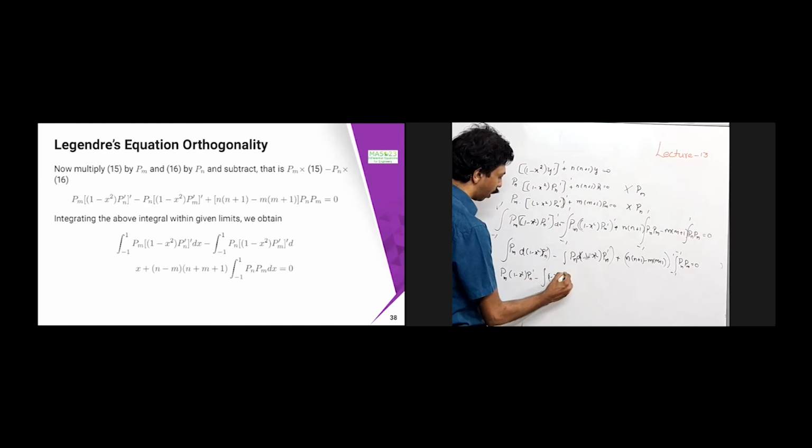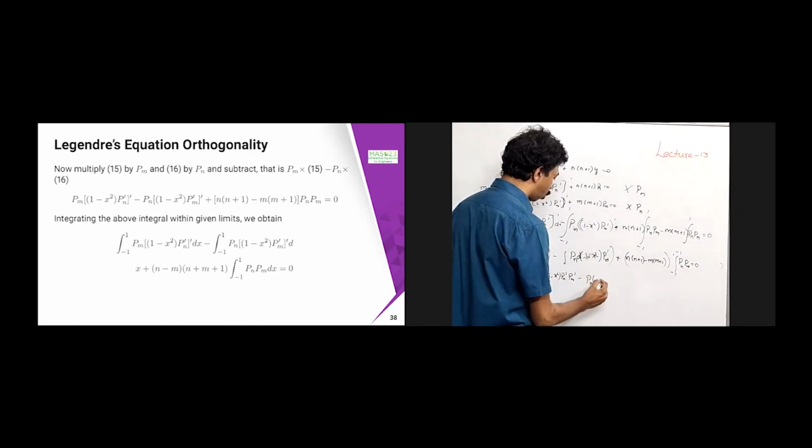Now for this, we can use the UV rule. So this is going to become Pm into (1 minus x squared) Pn dash, minus the integral of (1 minus x squared) Pn dash into Pm dash, minus Pn into (1 minus x squared) Pm dash, with limits minus 1 to 1, plus, since there is a minus, the VDU term comes as plus (1 minus x squared) Pm dash into Pn dash, limits minus 1 to 1.